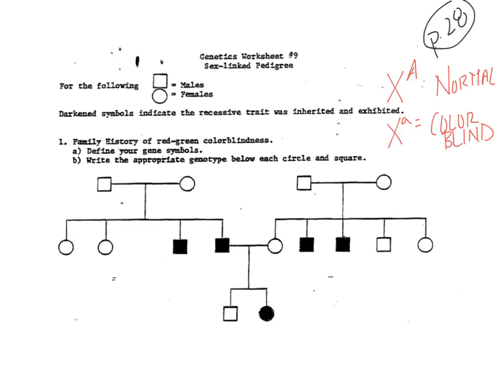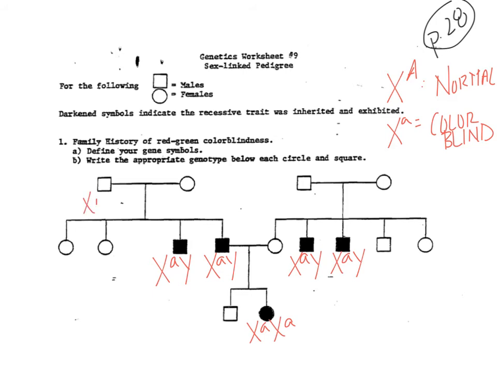Now circles and squares matter. This individual right here is a colorblind male. We know he's male, he's a square, we know he's colorblind, so he is X little a Y. So all of the shaded males are X little a Y. The female down on the bottom is a colorblind female, so she must be X little a, X little a. The next people you want to do are all of the unshaded males.